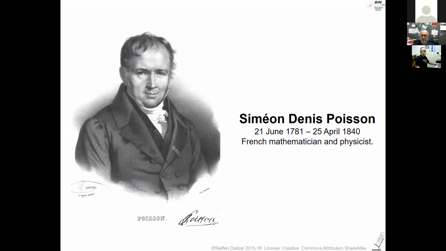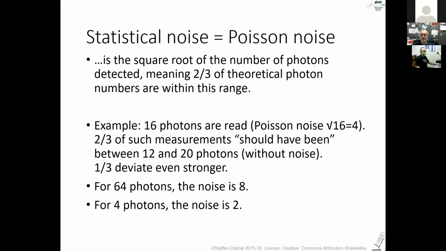It's named after this person, who was a French mathematician and physicist. Okay, so what is that noise? That noise you calculate as the square root of the number of photons detected. So let's say if you on average detect 16 photons, then the square root is 4.